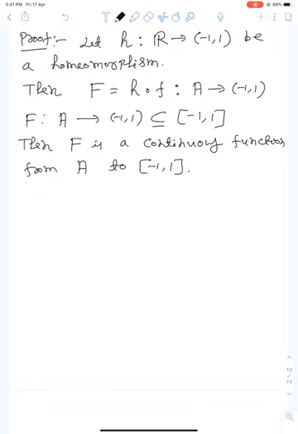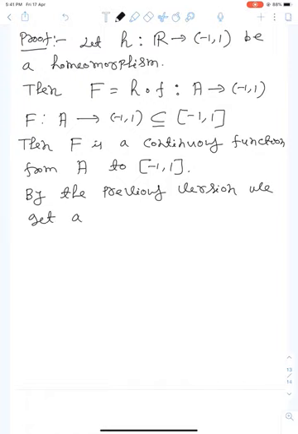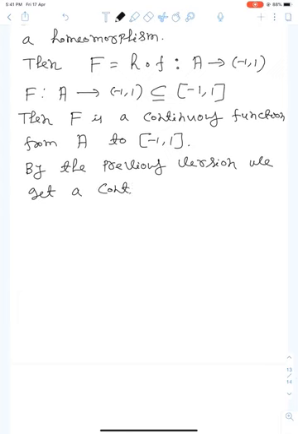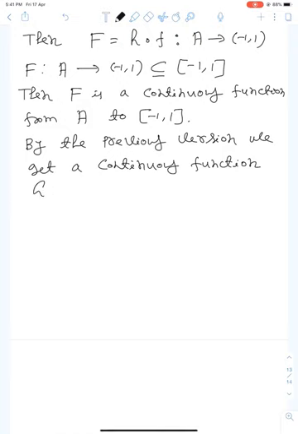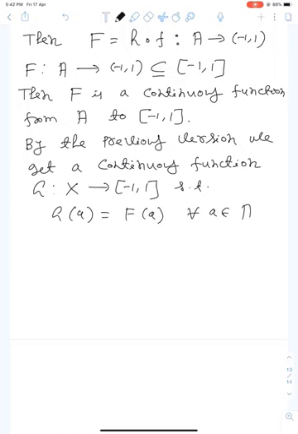So by the previous version, we get a continuous function, say g from X to [-1, 1] such that g of a equals h of f of a for all a belongs to A, right?